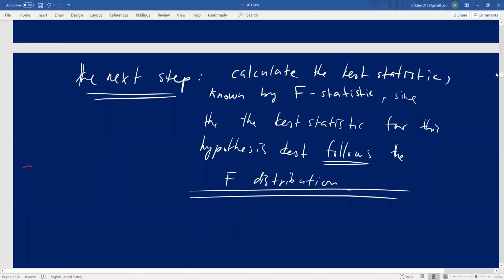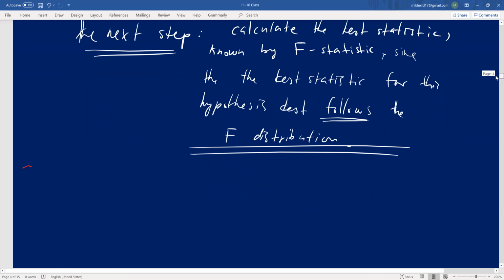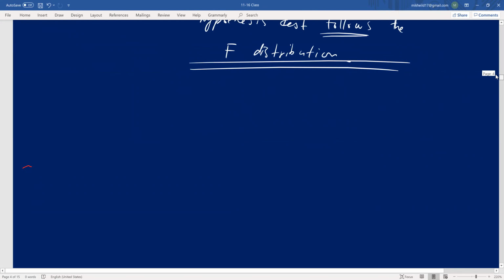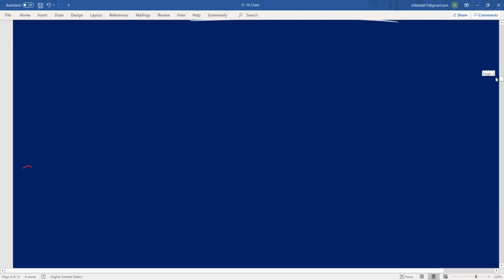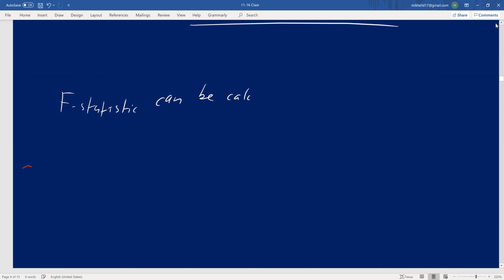Now, how do we calculate it? F statistic can be calculated in two ways.